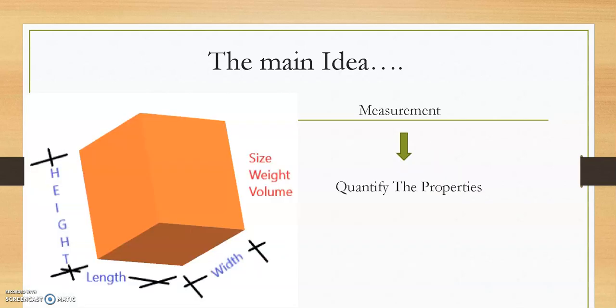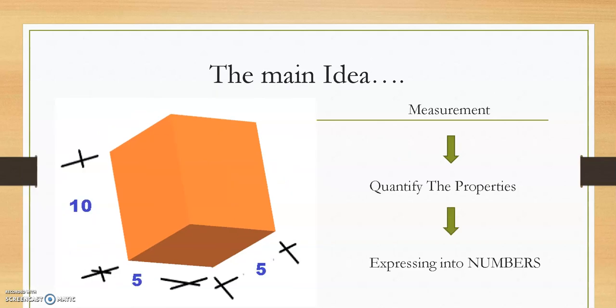Now, the main idea of measuring this object is that you are to quantify those properties. Meaning to say, if you're going to quantify, you need to express this in numbers, and those numbers must also be associated with their corresponding unit.